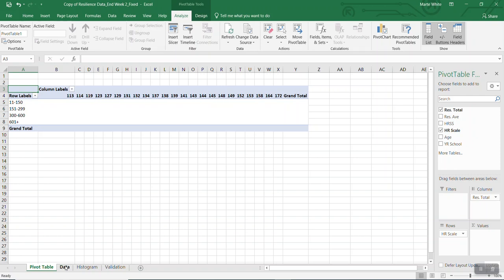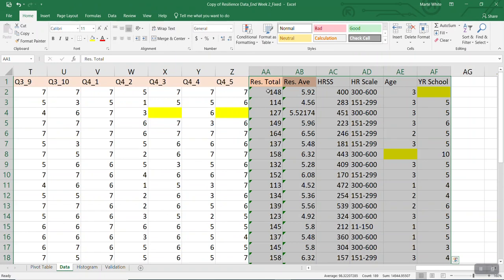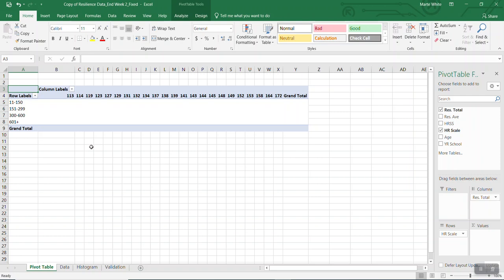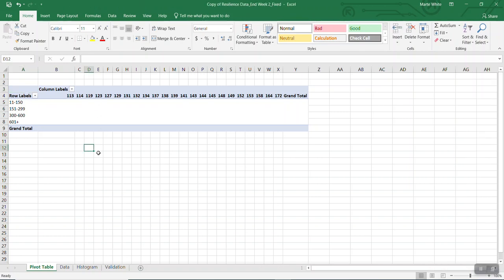So go back to our data. These are the resiliency scores. On the resiliency scale, I'm going to go back here and we're going to see how we come up with these answers. So on the resiliency scale, you have 25 questions.